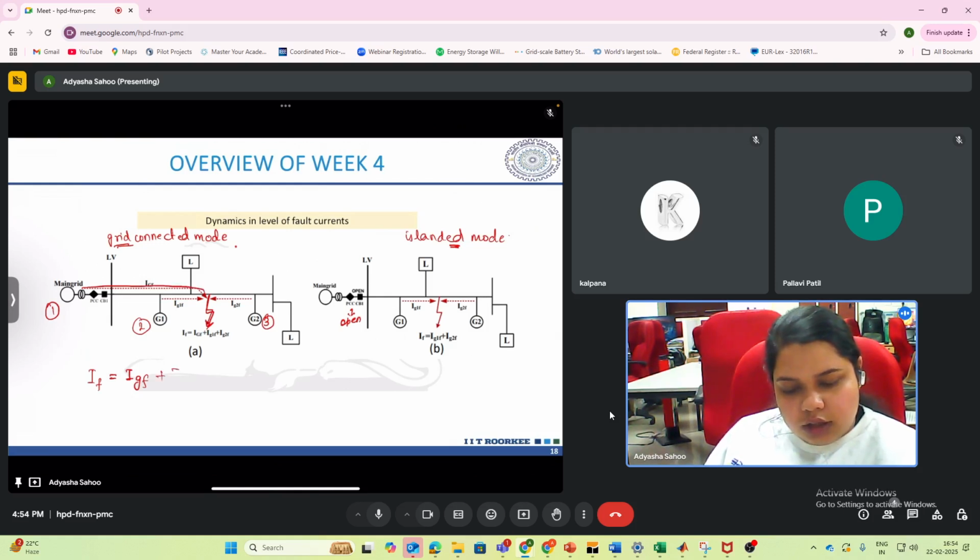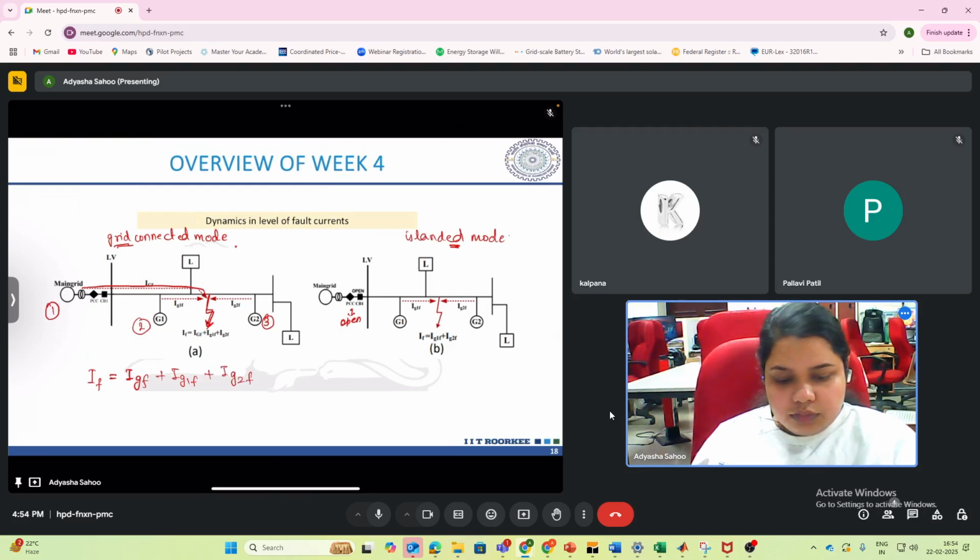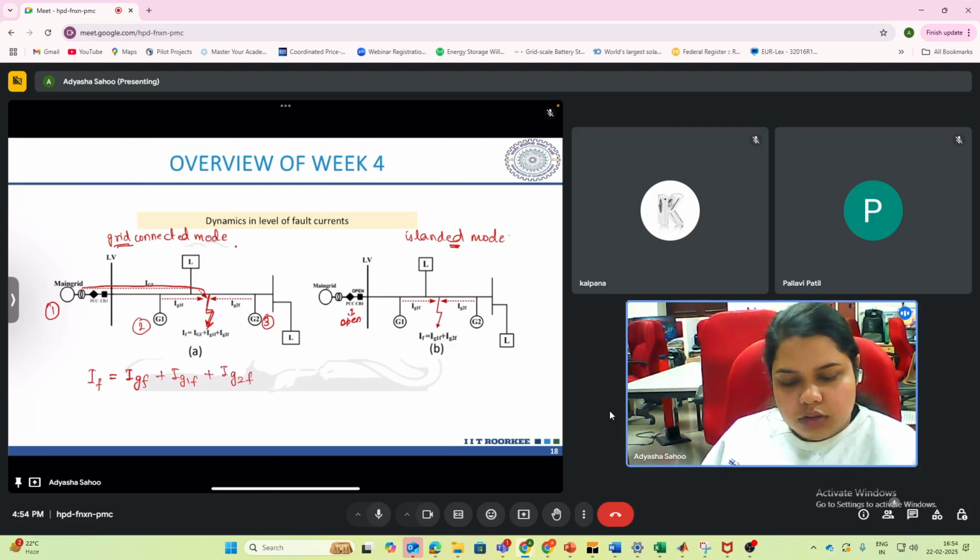Then next is IG1F, the fault current fed by the source G1, and similarly IG2F, the fault current being fed by generator G2. So that gives you the total fault current.